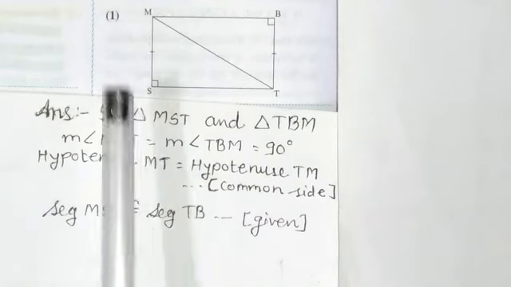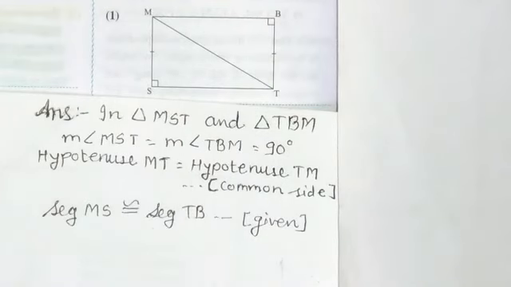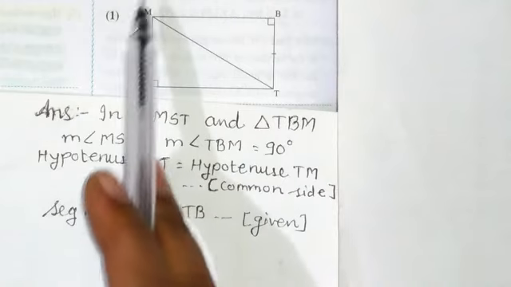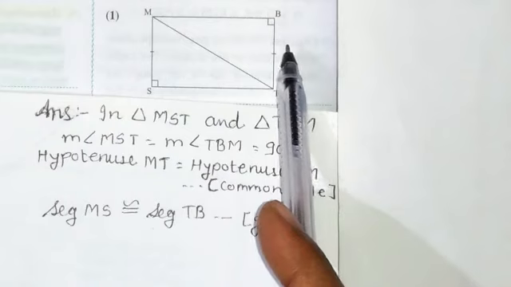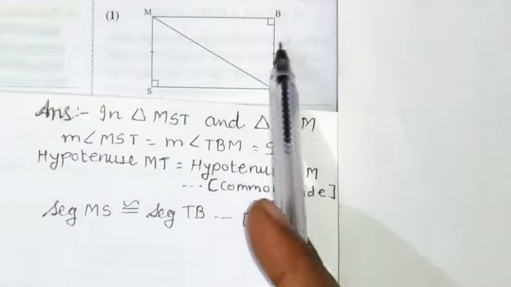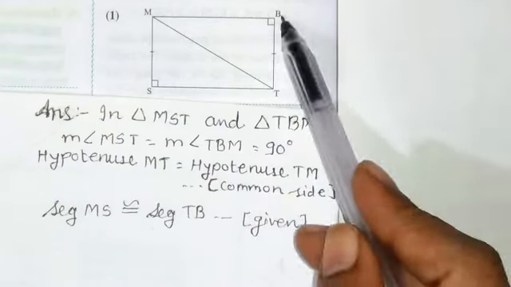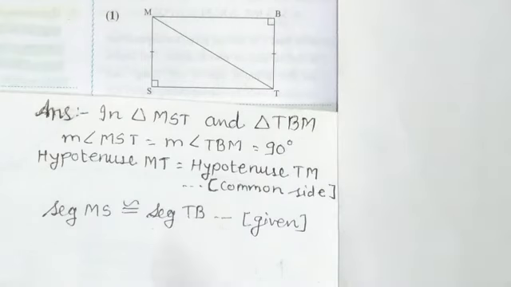After that, according to the identical marks, we have to write segment MS, it means this side of this triangle, and another side of the rectangle, it means this side of the next triangle, this segment TB, are congruent to each other, which is already given. So as both are right angle triangles, the hypotenuse side test is applicable in this diagram. So let's write it.